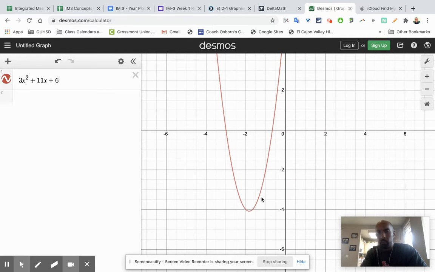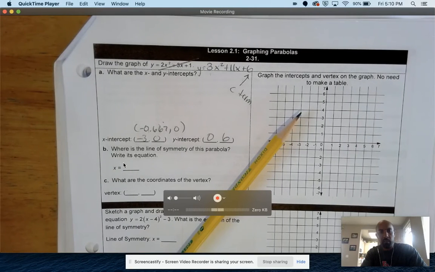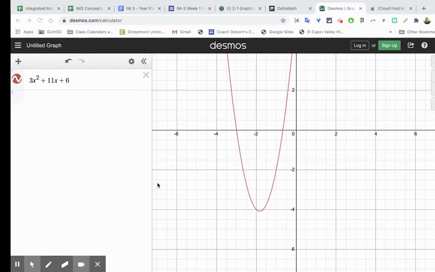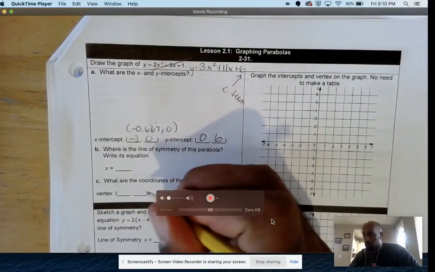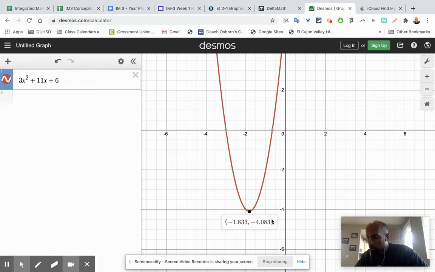Now I want to find the line of symmetry and the vertex. This line of symmetry comes from the vertex, so I'm just going to click on that point right there. There's my vertex. I'm going to write those down: -1.833 and -4.083.